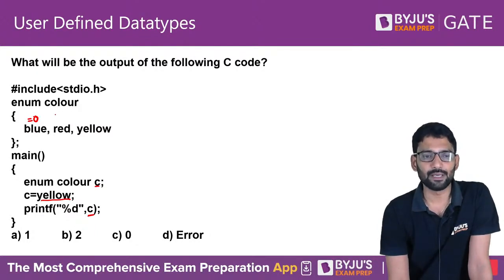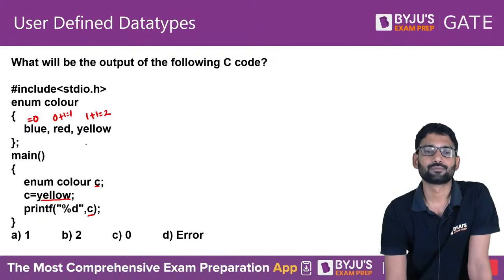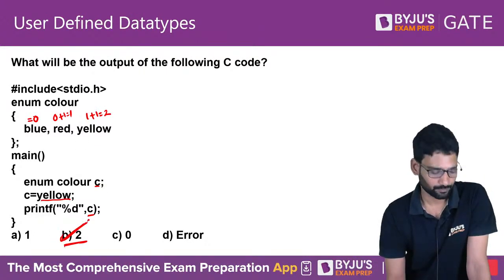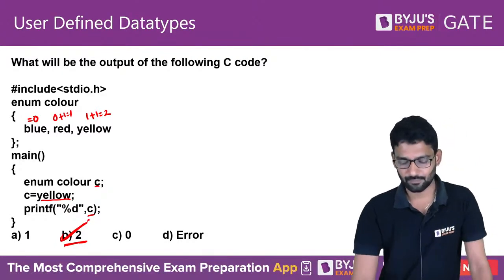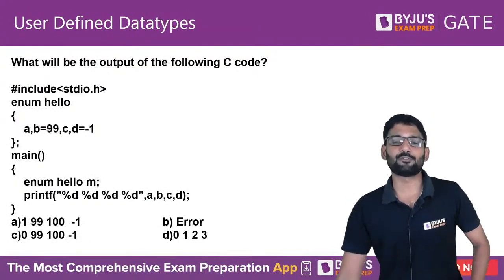So red would be 0, blue would be 0 plus 1, 1, yellow would be 1 plus 1, 2. So what would be the yellow value? 2. Correct. Now tell me what will be the output of the following C code.